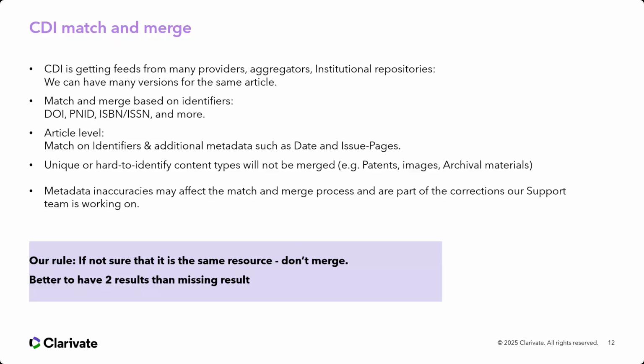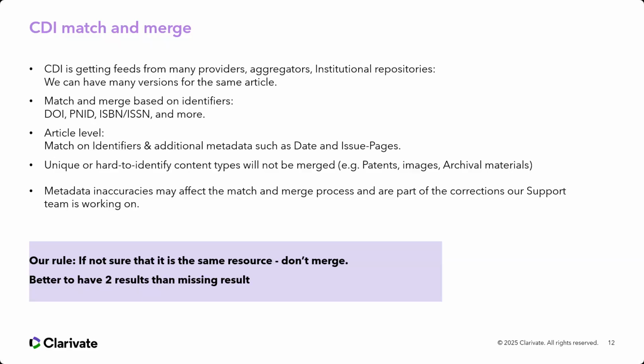As we all know, when we deal with metadata, sometimes things are sure, but sometimes things cannot be really definitive. And in these cases, we will show two results rather than missing results. Right. So actually, what you're saying is that with the volume and the capacity of metadata that we're managing, inaccuracies are to be expected.